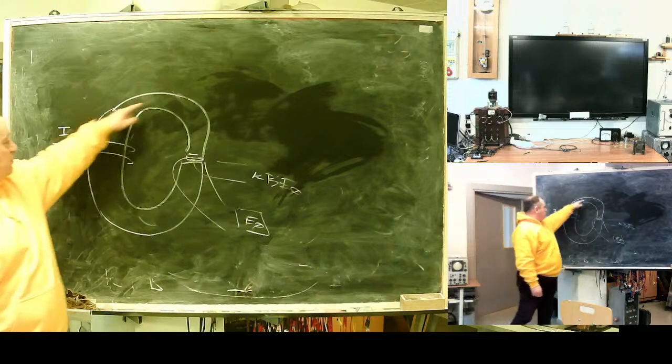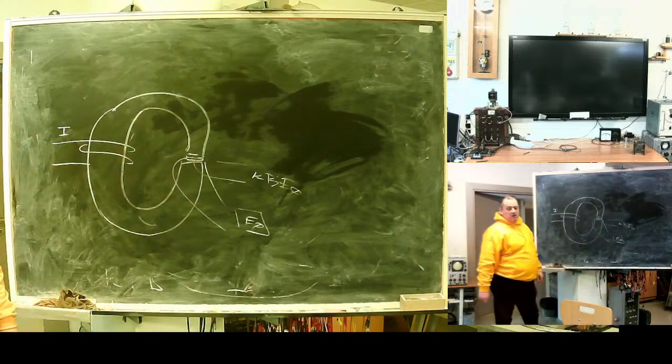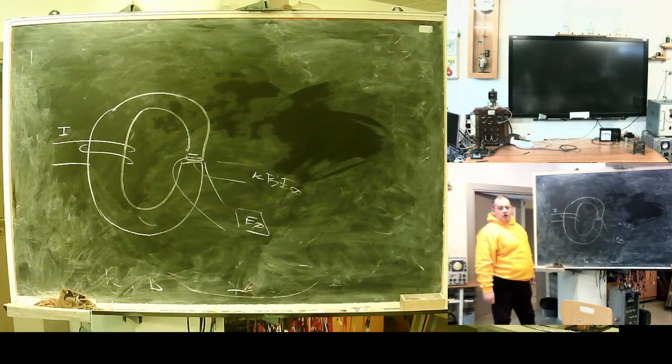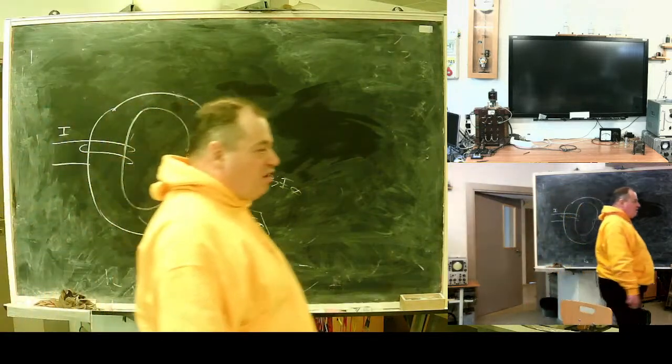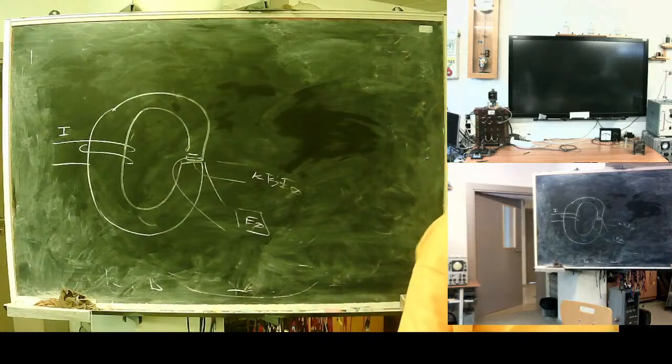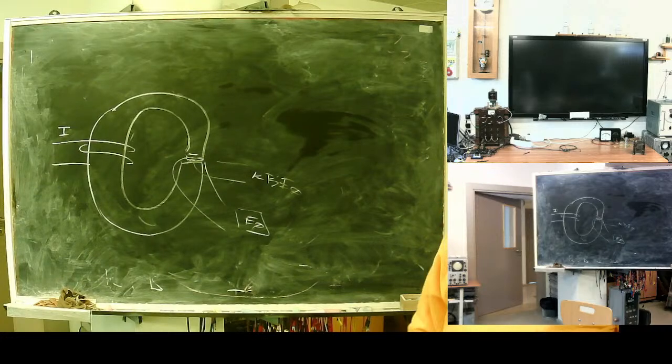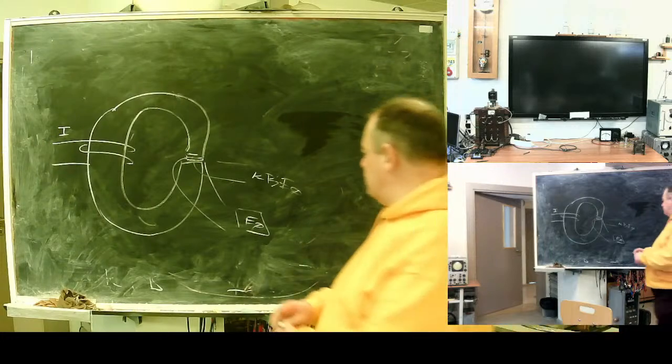Because induction in the ring is proportional to current. It will not work. Hall sensors have a terrible zero shift that depends on temperature. When temperature changes, the Hall sensor goes somewhere. This is not working.